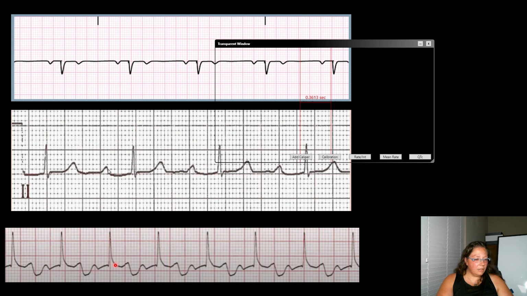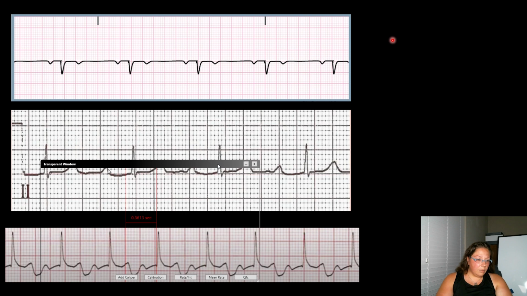Don't worry about this for right now. This could be the isoelectric line, and we just have some elevation here with some ischemia. This person may have had a heart attack in a certain area of their heart. We just don't know. We just need to figure out what kind of block this is, or if it's a normal rhythm. So let's get our calipers over here.